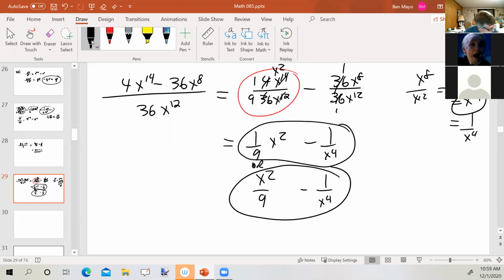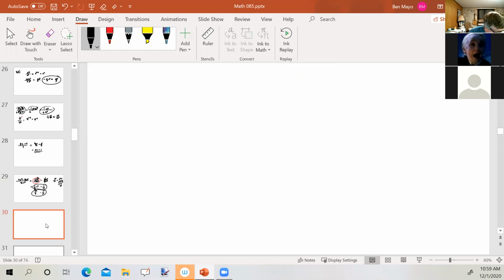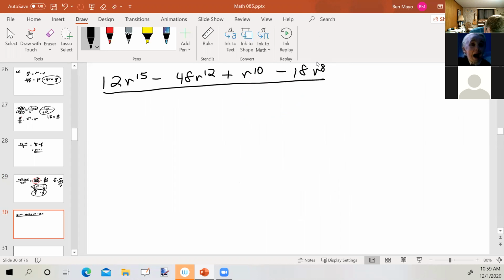Let's take a look at one more of these. 12 r to the 15th power minus 48 r to the 12th power plus r to the 10th power minus 18 r to the 8th power, all over 6 r to the 10th power.